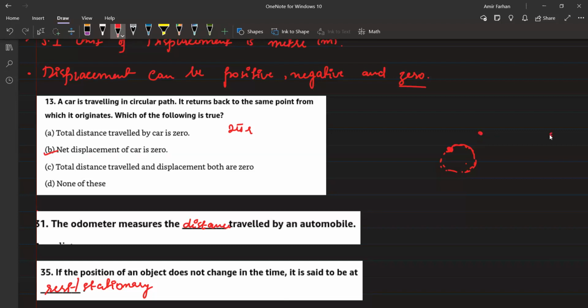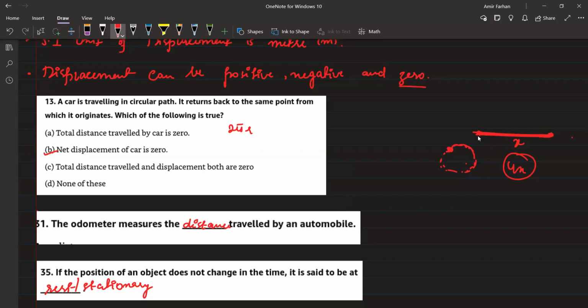Suppose that this is your initial and this is your final. You have made 4 trips from this point to this point. If you want to calculate the distance, 4 trips means first trip, second, third, fourth, so 4x displacement is covered.